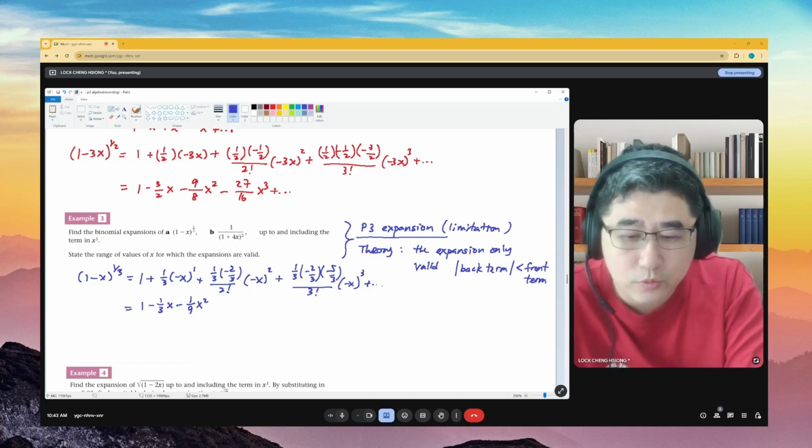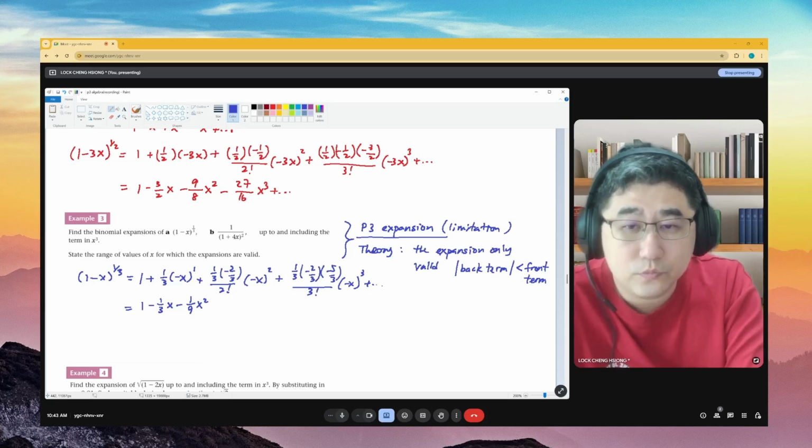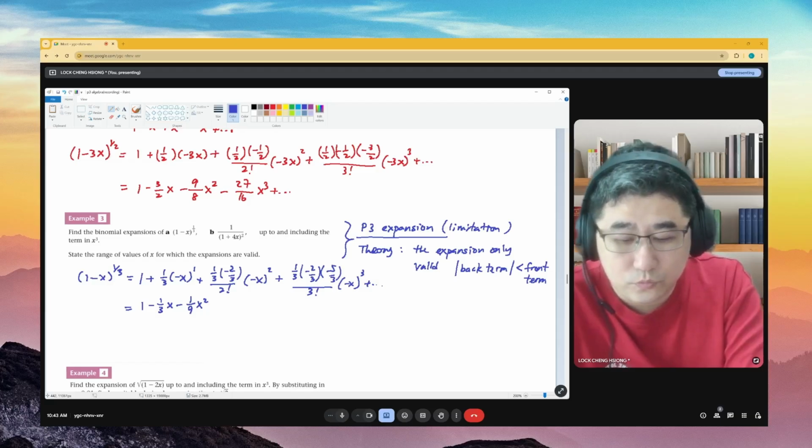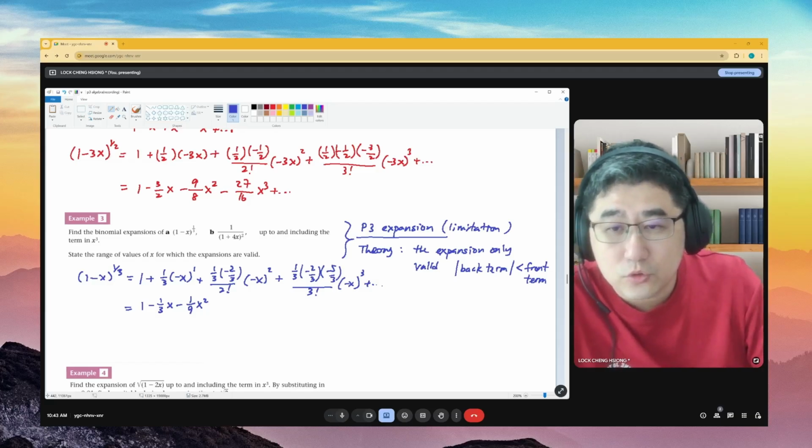Then the next one, minus minus minus minus, negative 5 over 81 of x cubed.